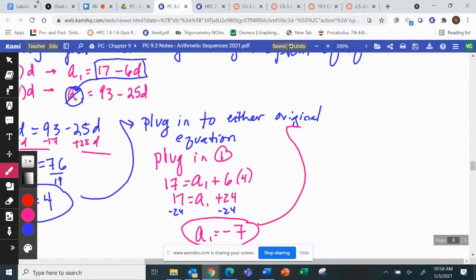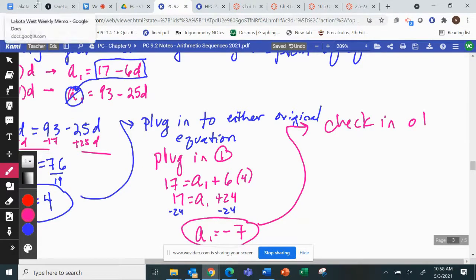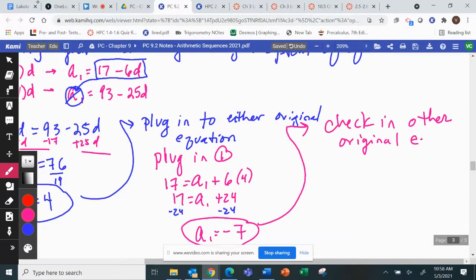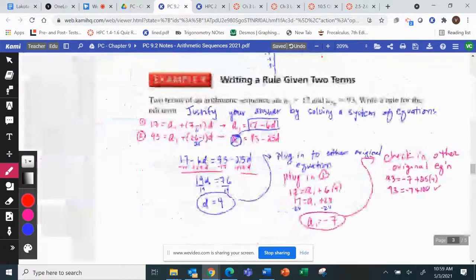If you want to make sure that you're correct, you can check it in the other original equation. So 93 equals negative 7 plus 25 times 4. So 93 equals negative 7 plus 100. Yep, that checks. Then our nth term, is that what we have to do? Find the rule.